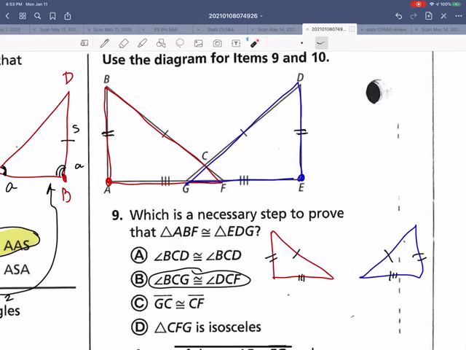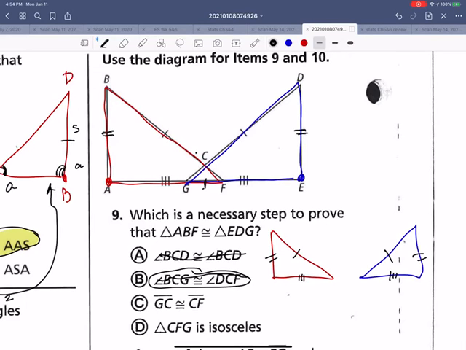GC is equal to CF. BCD is equal to BCD. I don't need to use this reflexive theorem for this. So I don't need that. I don't need that, I don't think, right?